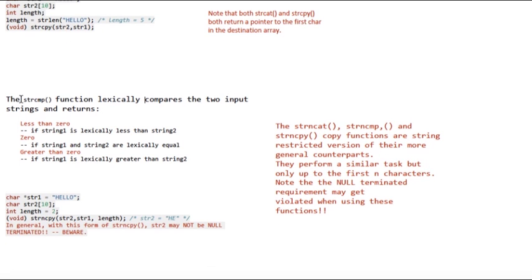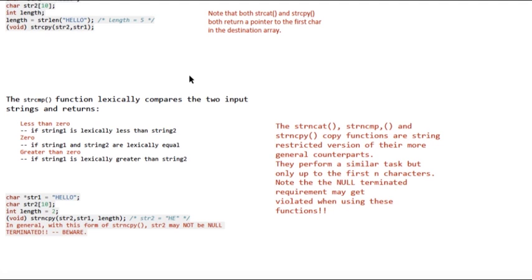The strcmp function lexically compares the two input strings and returns less than 0 if string 1 is lexically less than string 2, 0 if string 1 and string 2 are lexically equal, or greater than 0 if string 1 is lexically greater than string 2.